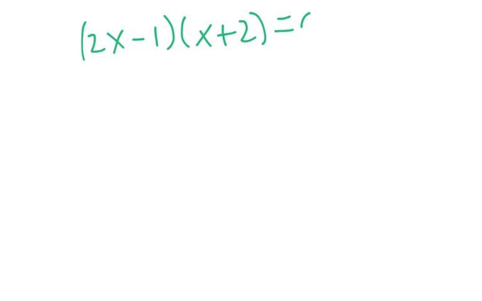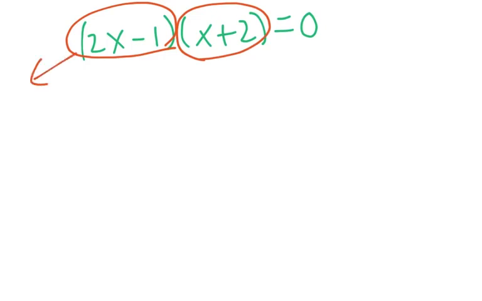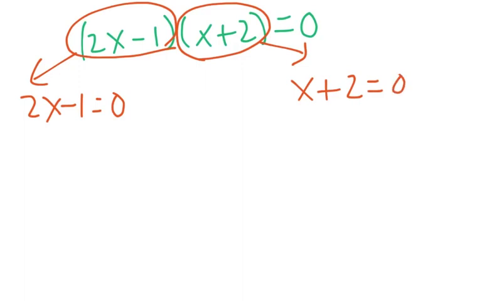Remember, it equals 0, and that is the reason why we do the zero product property. So take each part, and separately set them equal to 0. So 2x minus 1 equals 0, x plus 2 equals 0, and let's separately solve them. I'm going to draw my line. I'm going to add 1 to both sides. They cancel here. I'm left with 2x equals 1.